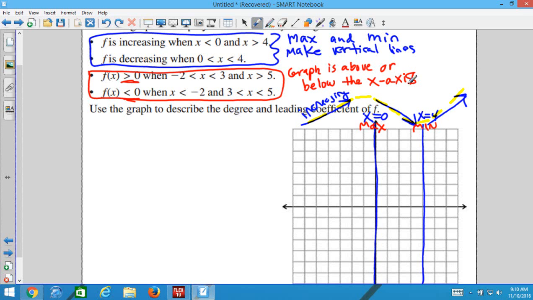If the function is greater than 0, it's above the x-axis. If the function is less than 0, it's below the x-axis. I'm going to represent those numbers with points on the x-axis.